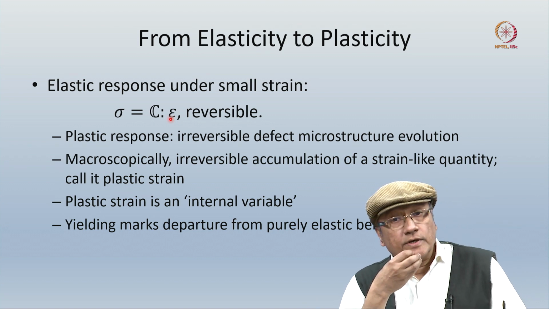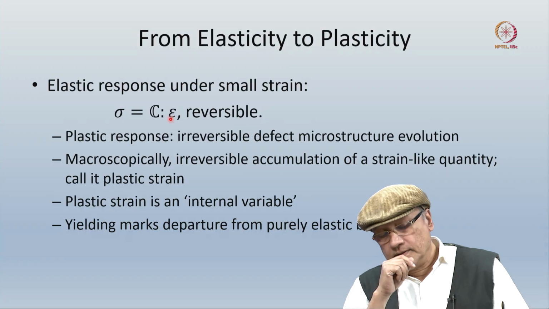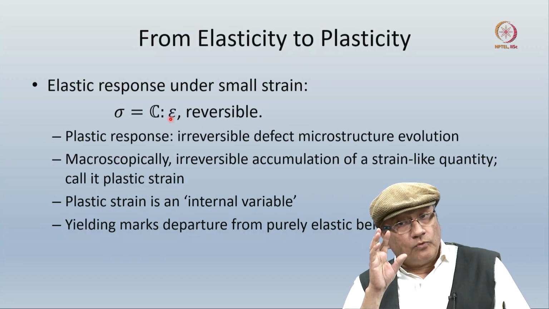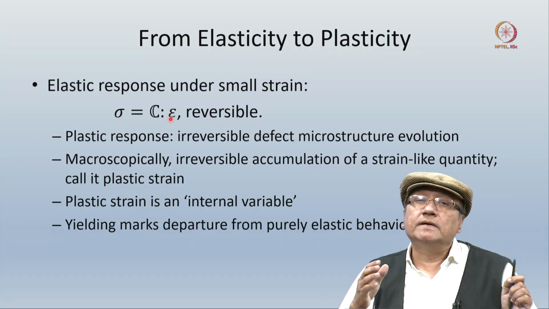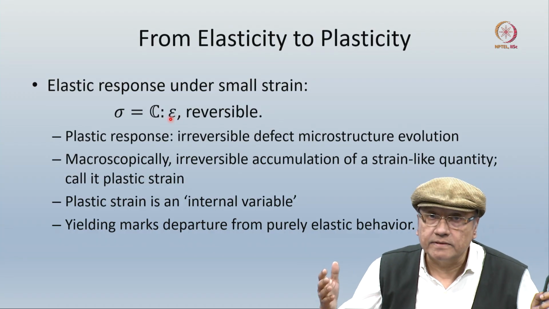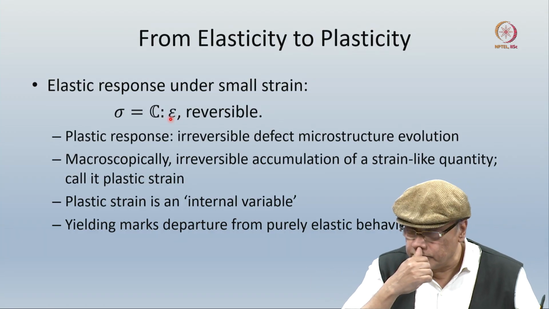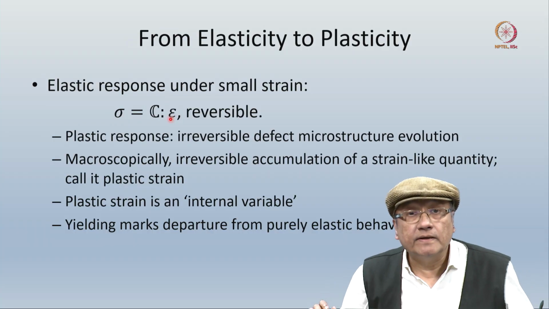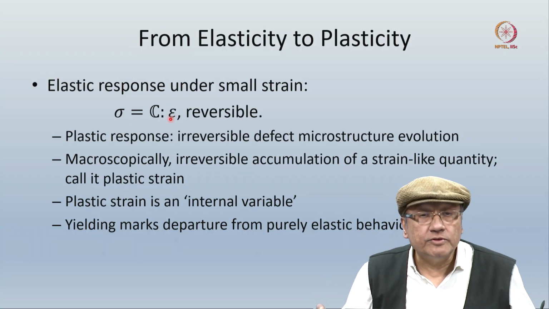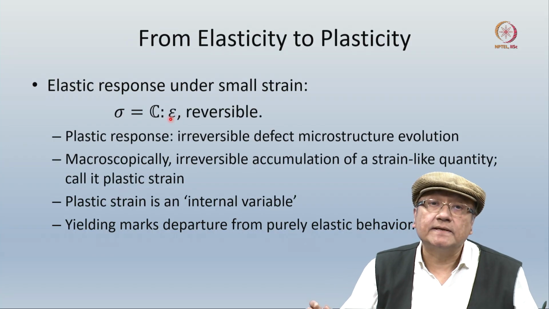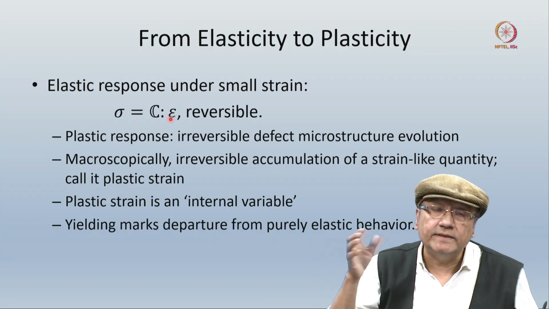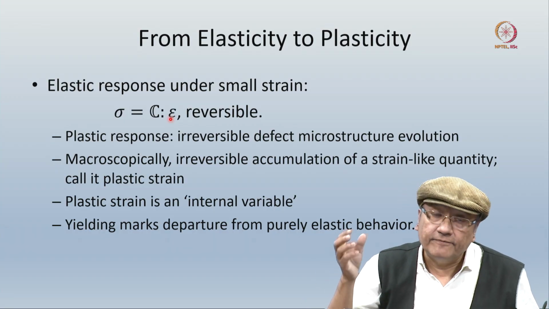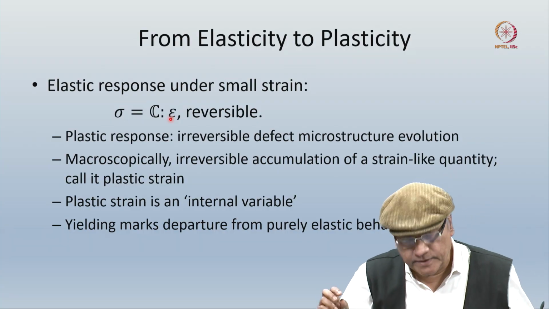Now, whenever we are talking of small strain, please recall that we are talking only of one configuration. We are not discussing both referential and spatial configuration, because small strain corresponds to a definition which uses displacement, which is basically a function of only the referential coordinates, a function that lives in the referential body, right.